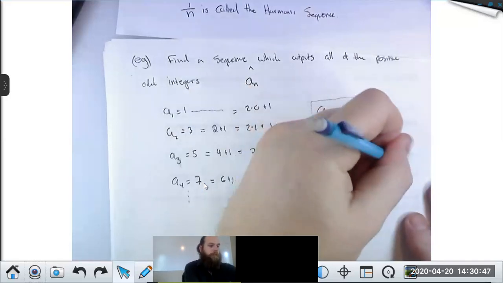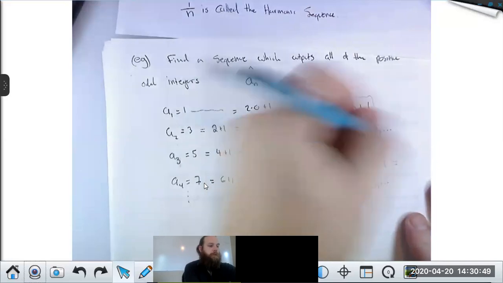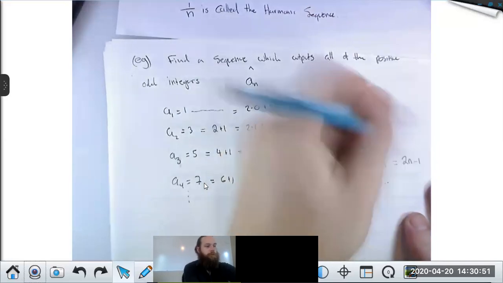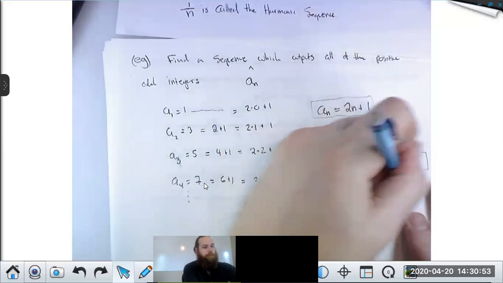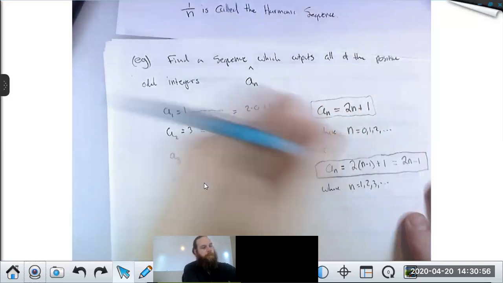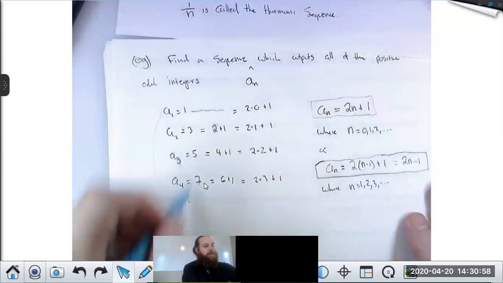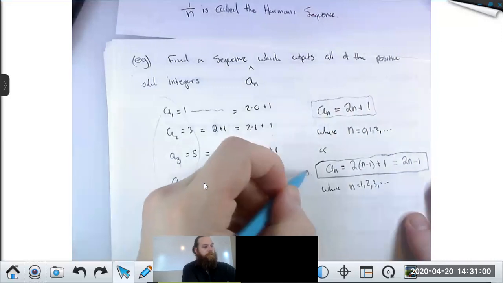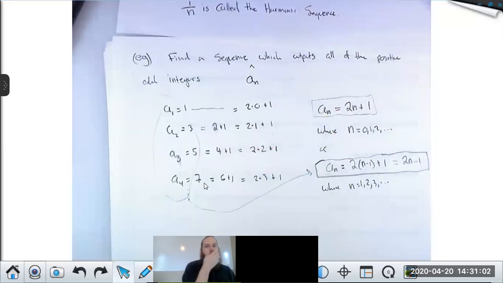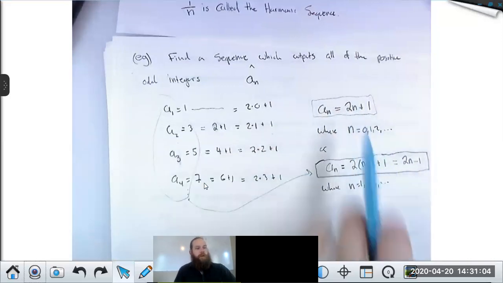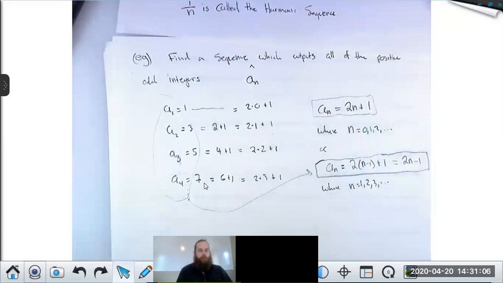This can be simplified. This is 2n minus 2 plus 1, which is 2n minus 1. So really, exactly as it's given here, that's this guy. But you'll often see both of these as your generic odd number, because both of those are sequences that output the positive odd integers.